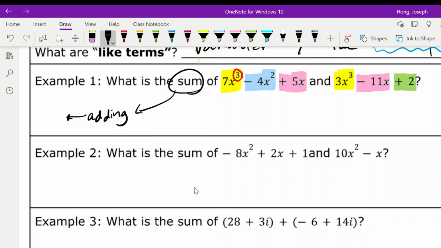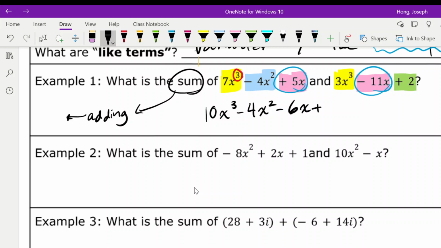So the way that we're going to be doing this is by adding these colors together. So 7 plus 3 is 10, and don't forget the x cubed. Well, there's nothing for the blue, so it's going to be negative 4x squared. The pinks, we're going to combine like terms, which is going to be this 5x minus 11x. So this is minus 6x.